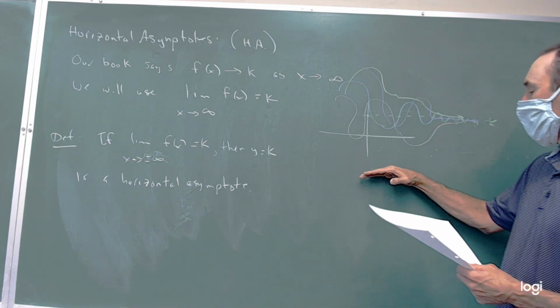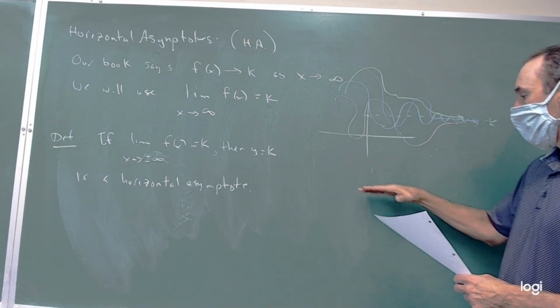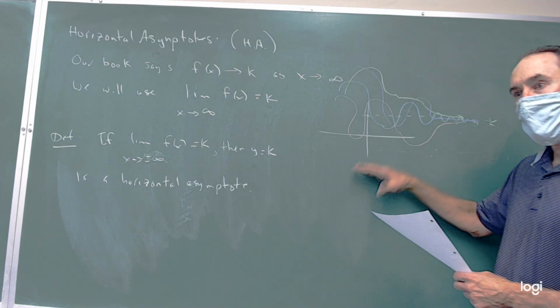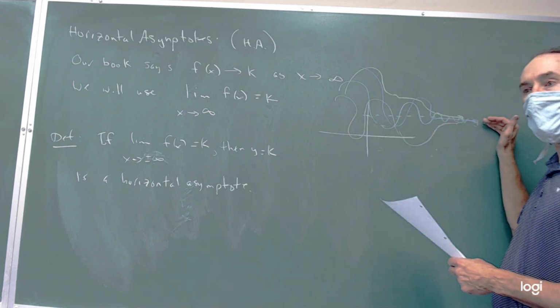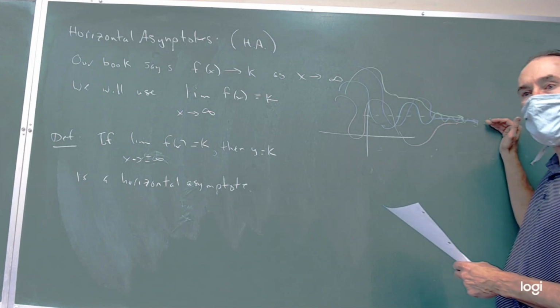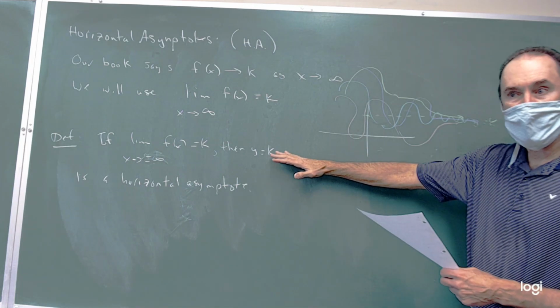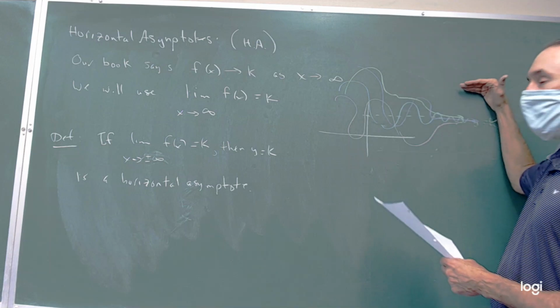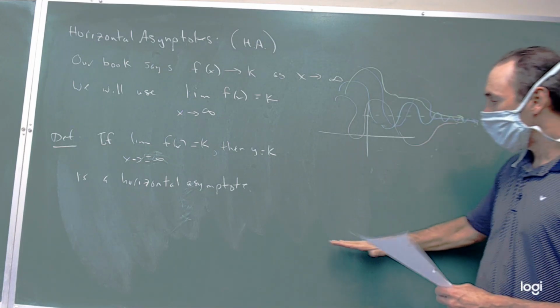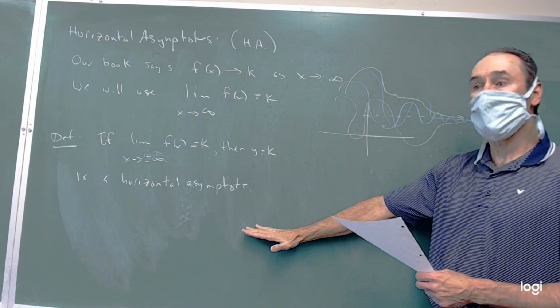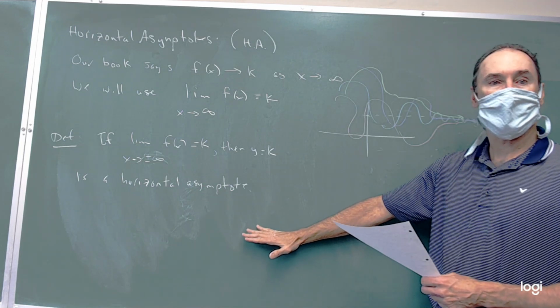We can have curves, functions that have, well, we'll see exponentials have a horizontal asymptote in one direction and no asymptote in the other direction, or even a horizontal asymptote in one direction and a different horizontal asymptote in the other direction. That is possible as well.